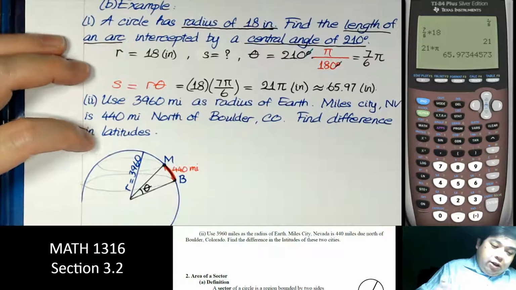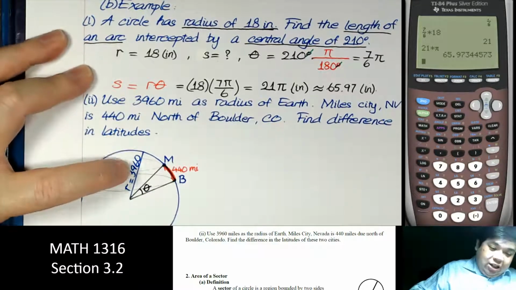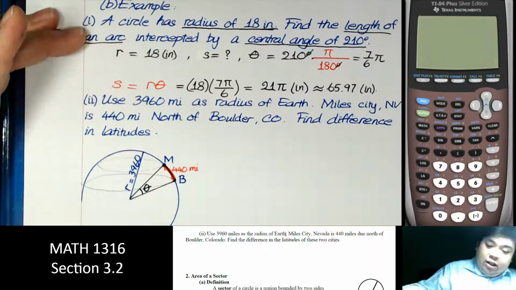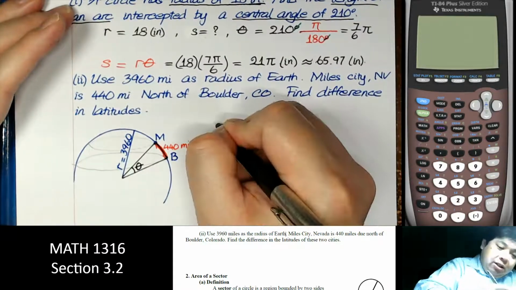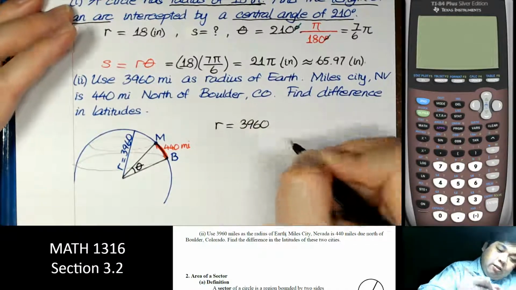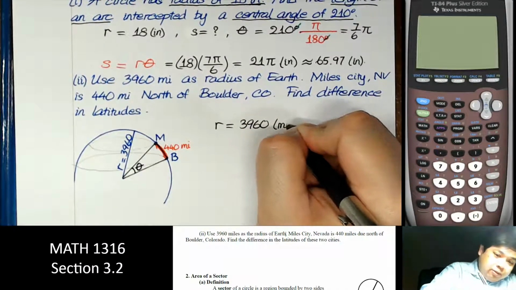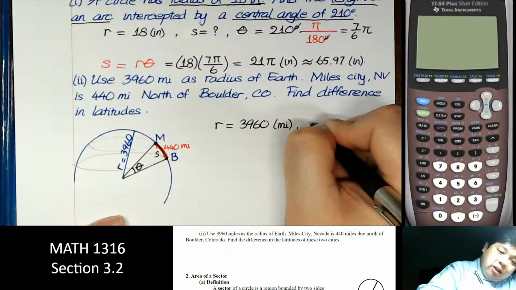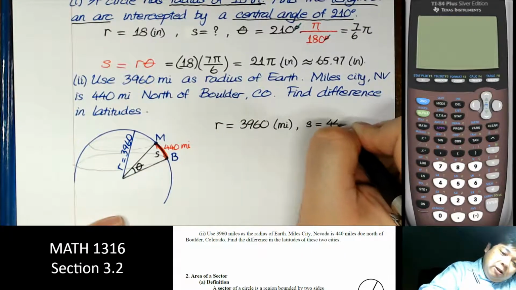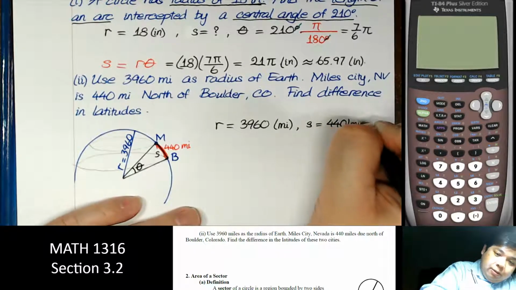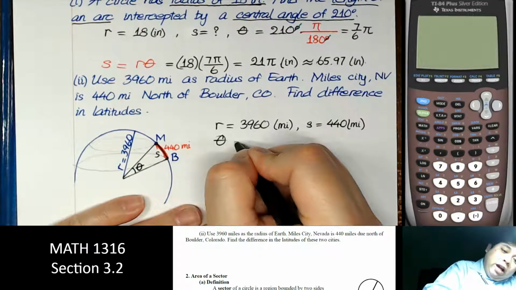Right, so we have the radius is 3960 miles, and 440 is the arc length. What will be the angle?